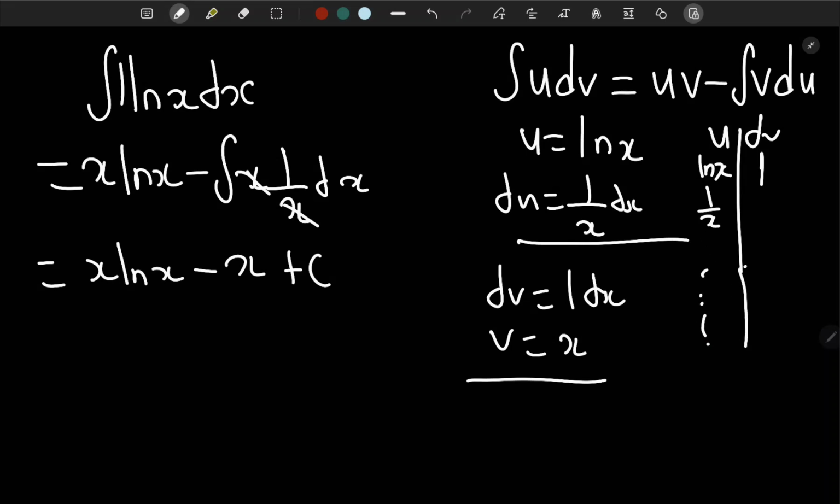You don't know when to stop, basically, since you won't get a 0. If it's a polynomial, x to the power of 5, or even let's say 999, it will come to a 0, right? Since you're bringing it down, you're reducing the power by 1 each time. So that's why you cannot use the tabular method over here.